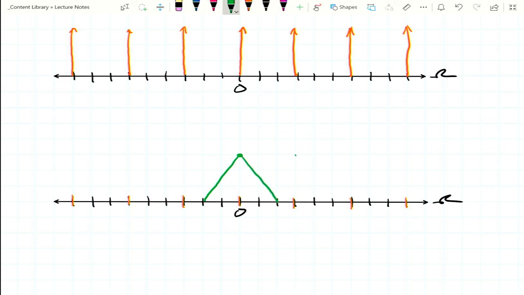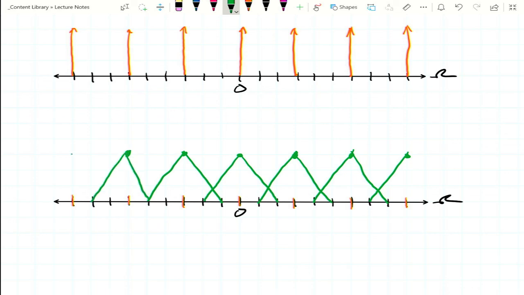We get all of our signals again repeated like so. Just like that. So there's our new X sub s of j omega.